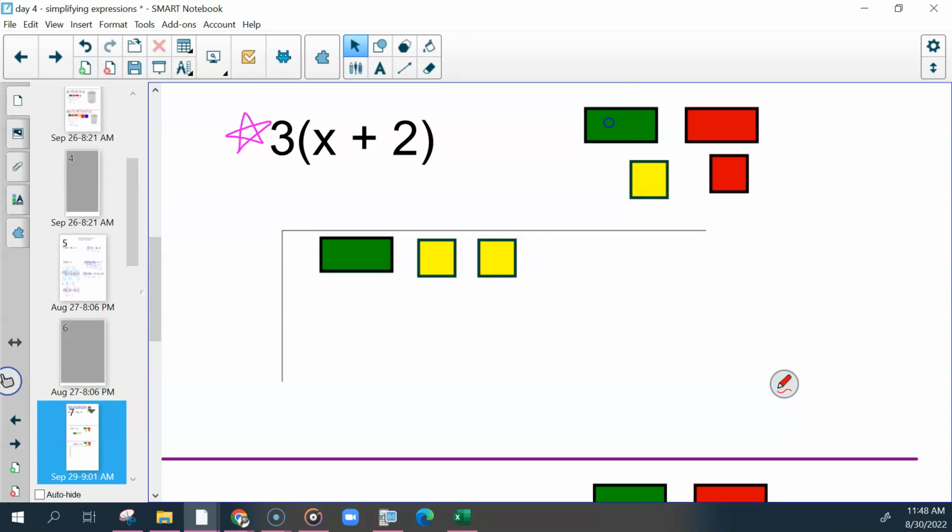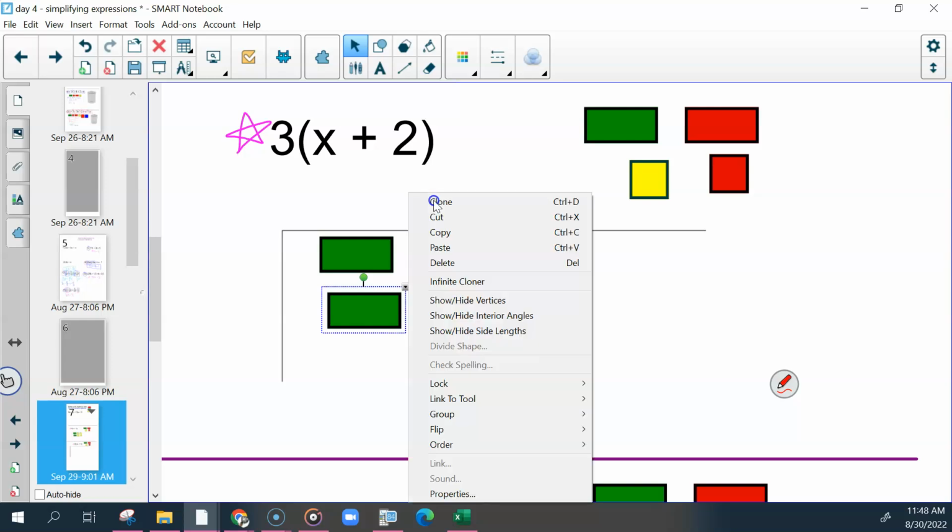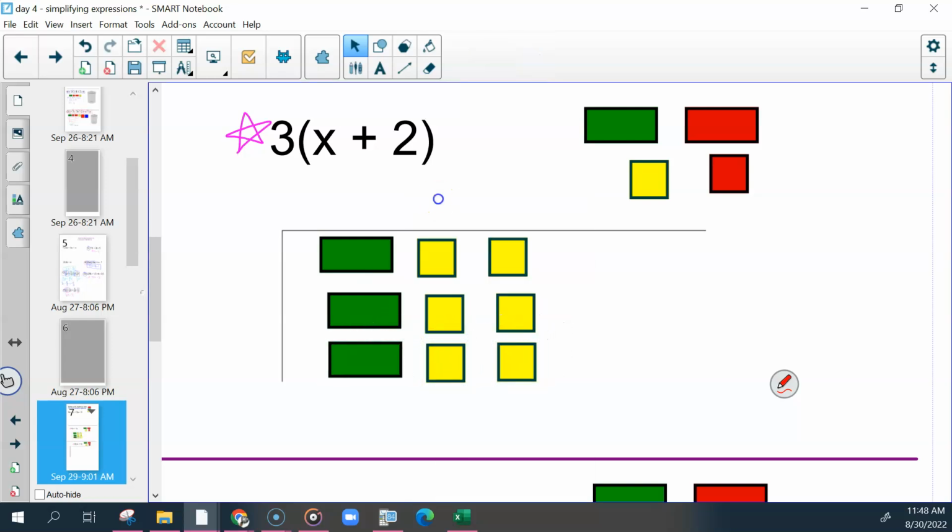And since this entire thing is being multiplied 3 times, I would need 3 sets of these. So what do I have here in total? We had to count up all of the x's and all of the 1's. What would we have? 3x plus 6.